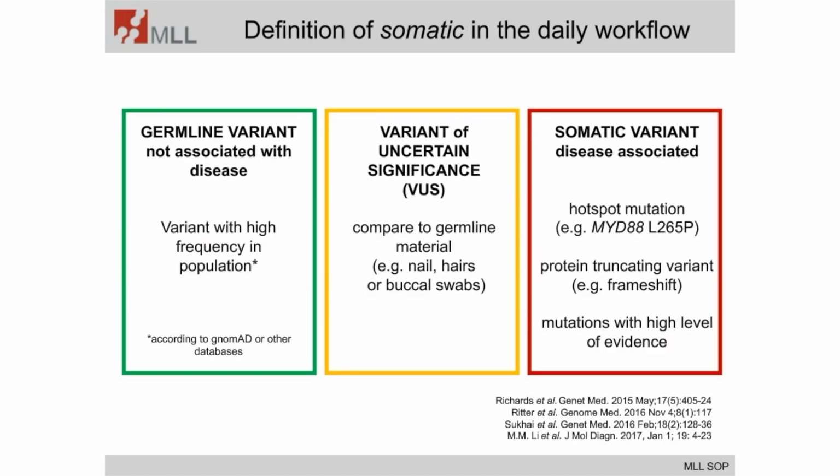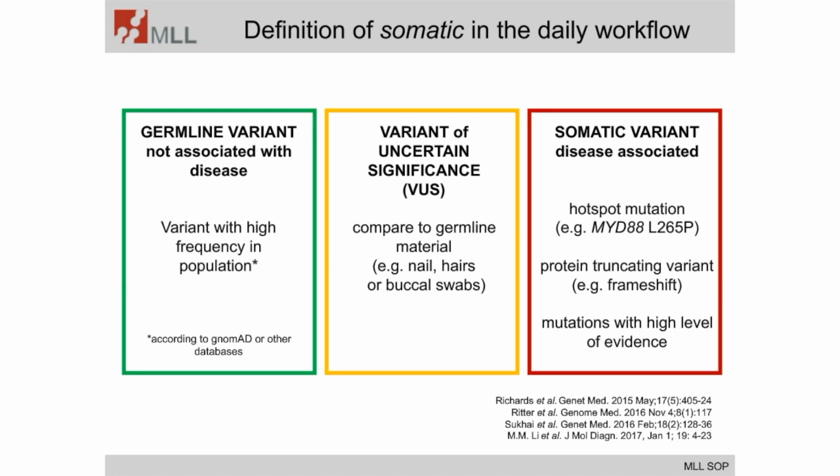Now, during routine workup, we classify all calls from the variant caller in a 3-tiered system we use in-house. Single nucleotide variants with a high frequency in the population are classified as benign. We use frequency data provided by the gnomAD project, the successor of ExAC.